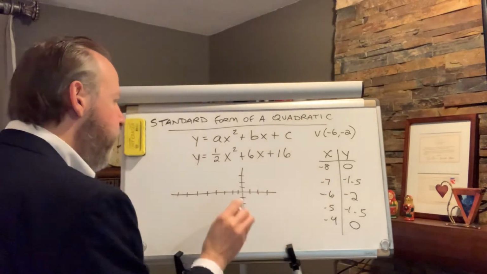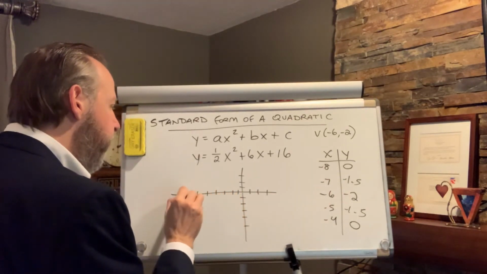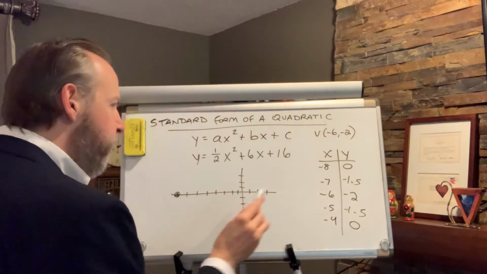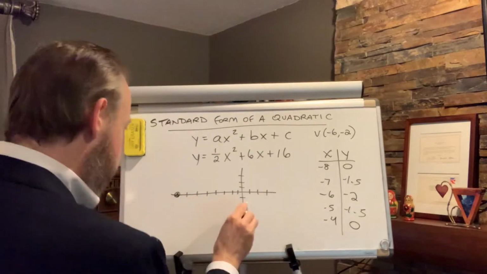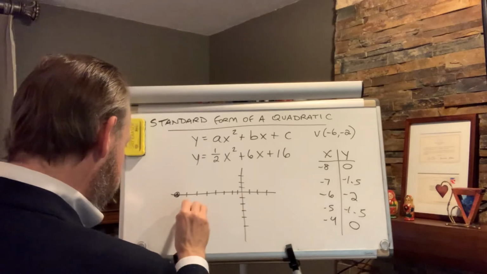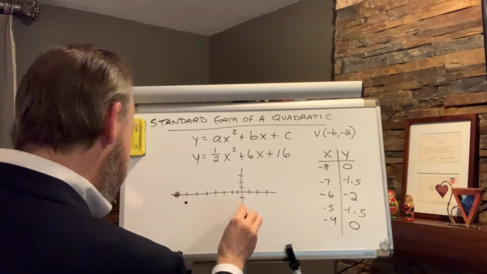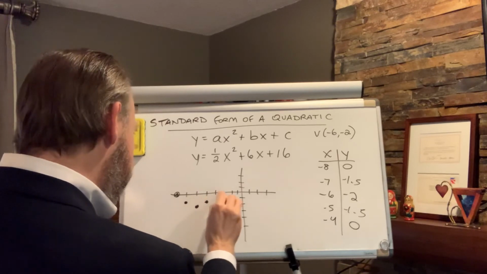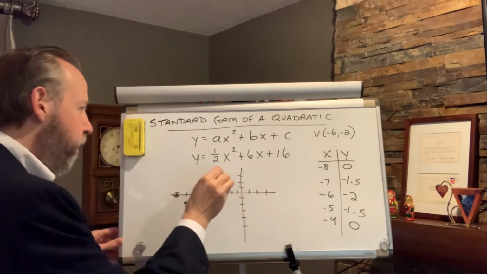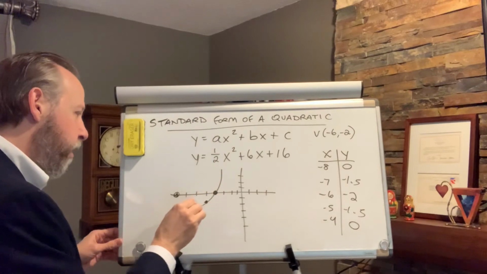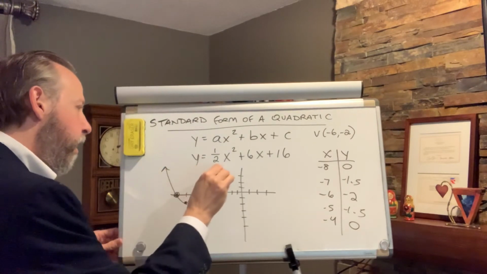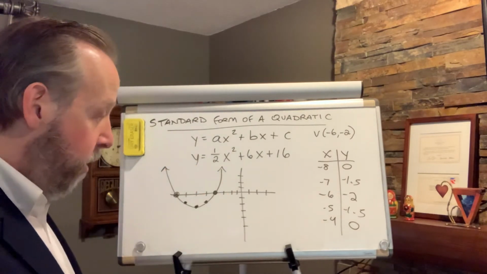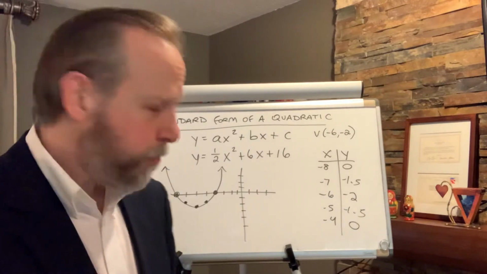So negative 8, 0, right over there. Negative 7, negative 1.5, so halfway between the negative 1, negative 2. Negative 6, negative 2. Negative 5, negative 1.5. Negative 4, 0. So we have our parabola. Arrowheads on both ends. Not too big a deal.